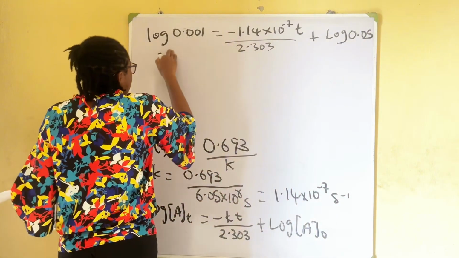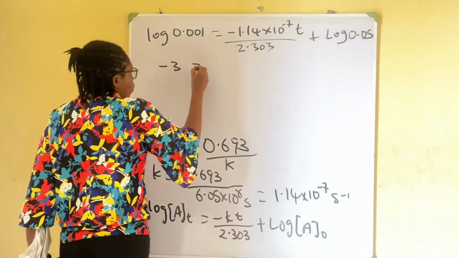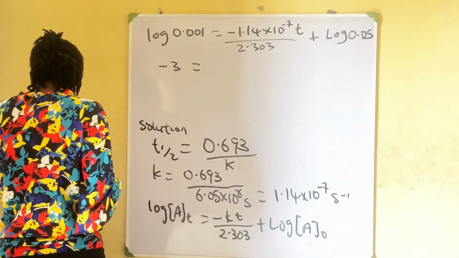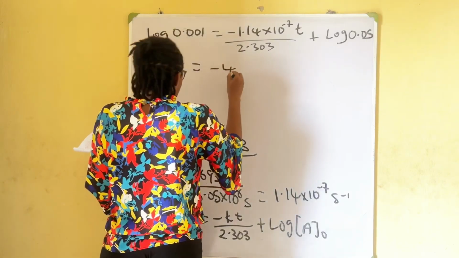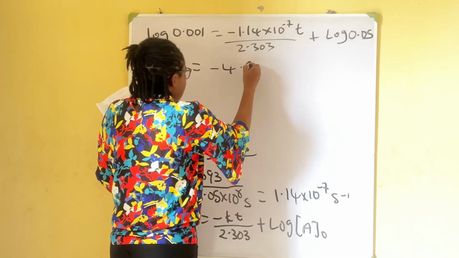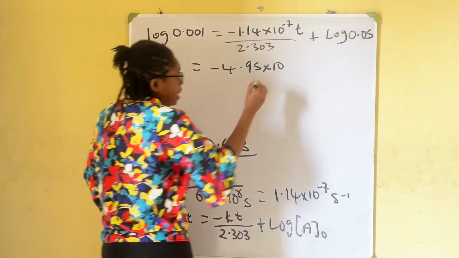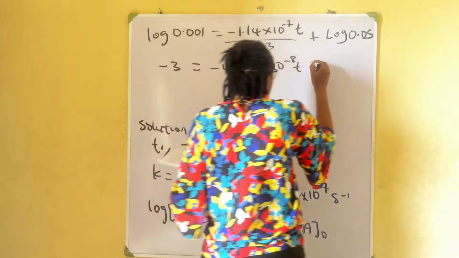So log 0.01 will give you minus 2, equals, when you divide this, you obtain minus 4.95 times 10 raised to the power minus 8.